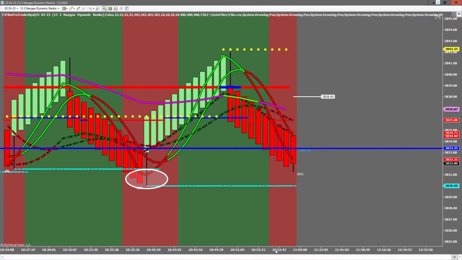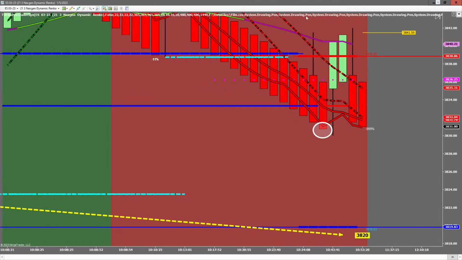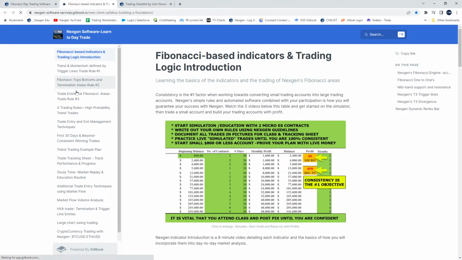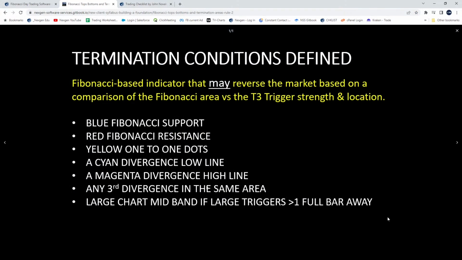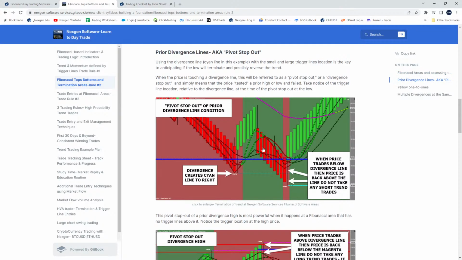Okay, so let's start with our 21-3 chart again. Can I define it? Sure, I can define it. So here, I'll use the user guide, in the termination sections. A pivot stop out is really defined as, here, I'll give you the visual.